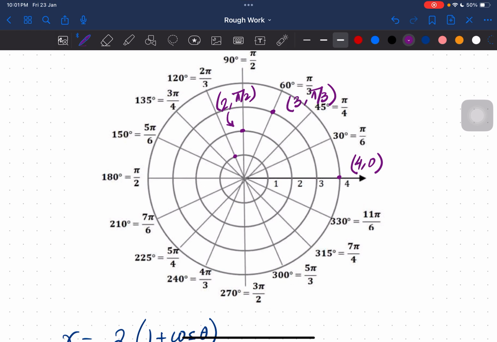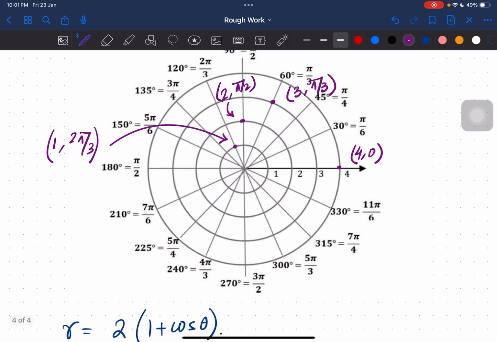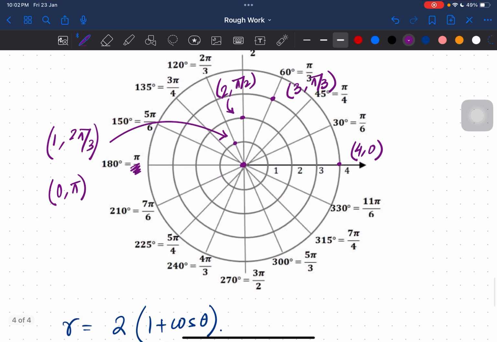I don't know how the graph looks till now, so maybe we can keep the coordinates outside. So 1 comma 2 pi by 3, this one. Next you have 0 comma pi. This is, I think, a typo. This is not pi by 2, it's just pi. So 0 comma pi is here. Next we have 1 comma 4 pi by 3. So 4 pi by 3 here and 1 here.